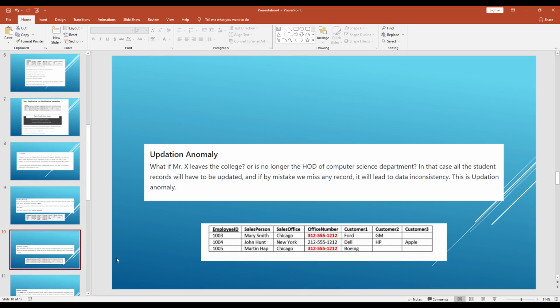Updation anomaly. What if Mr. X leaves the college or is no longer the HOD of Computer Science Department?